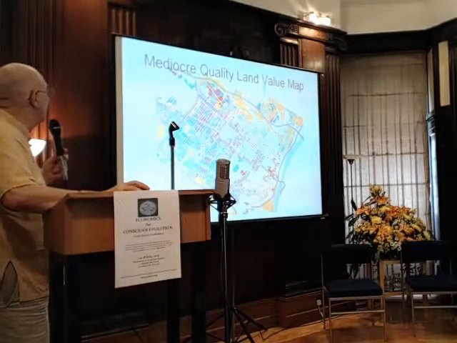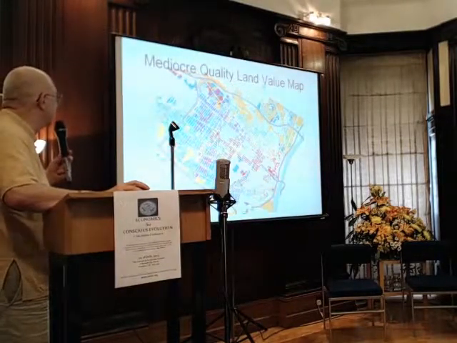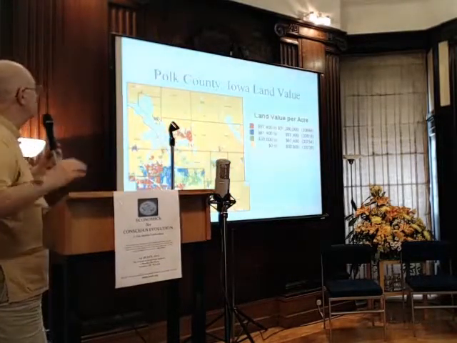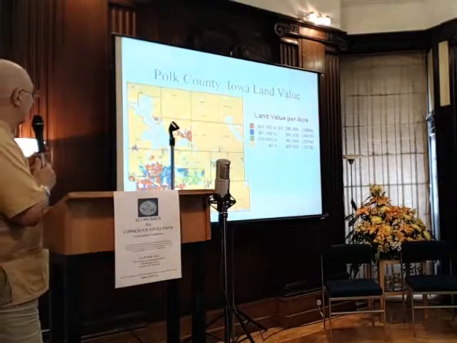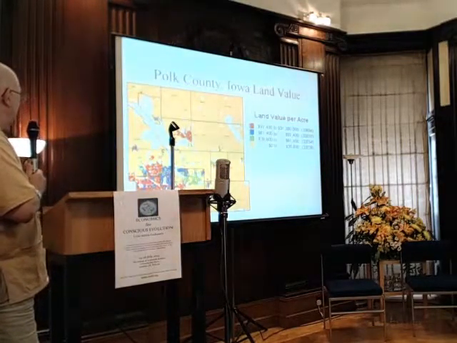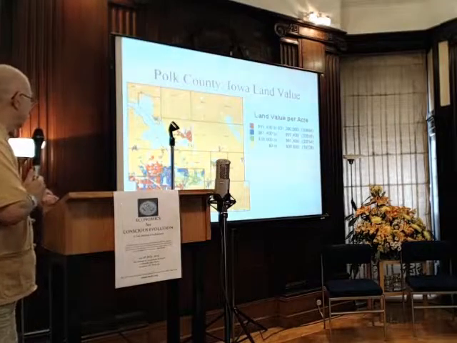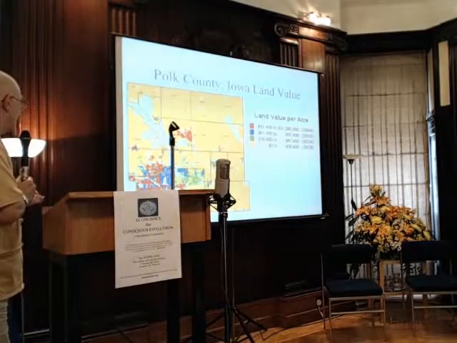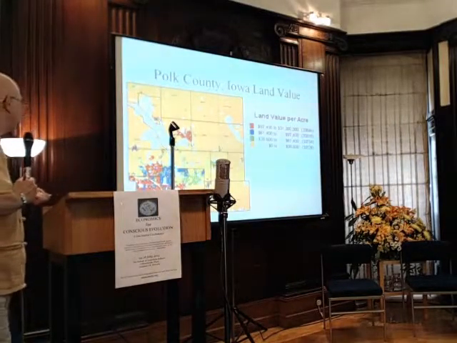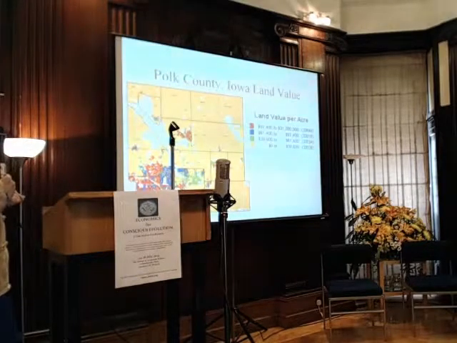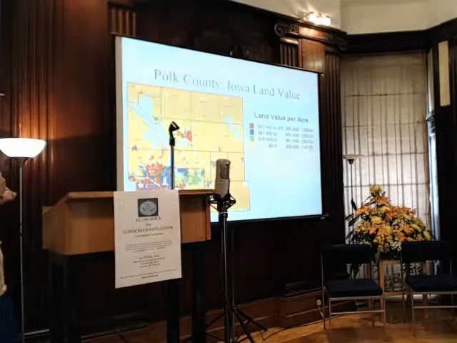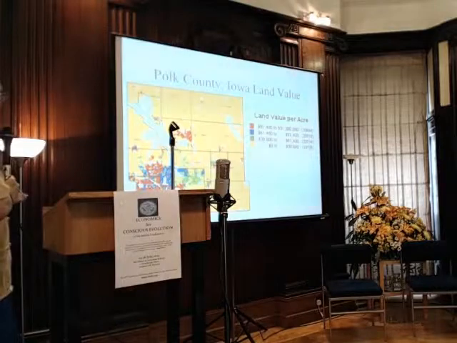Anyway, there's a refined map of just the downtown. There's Polk County, Iowa, where we had a conference at one time, and this land over in here, Des Moines is the capital of Iowa, that land goes as high as $31 million per acre.